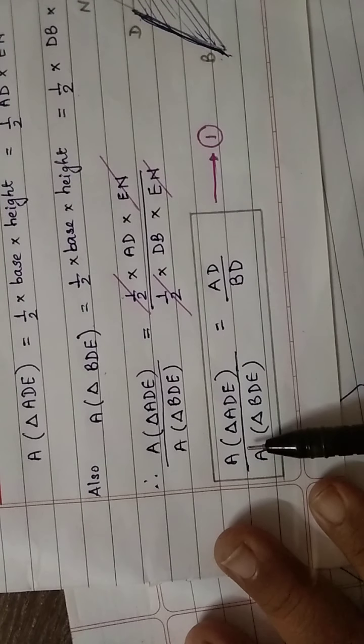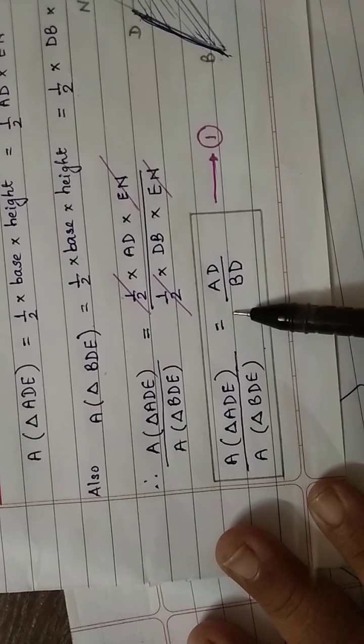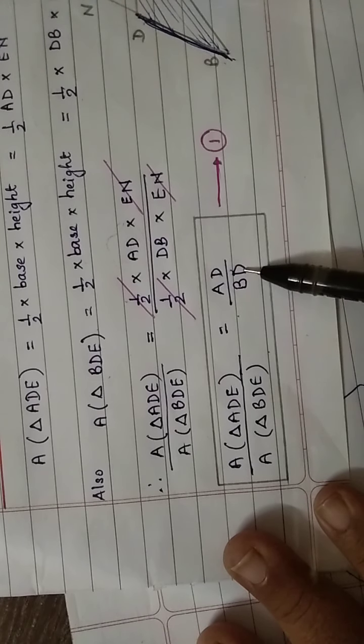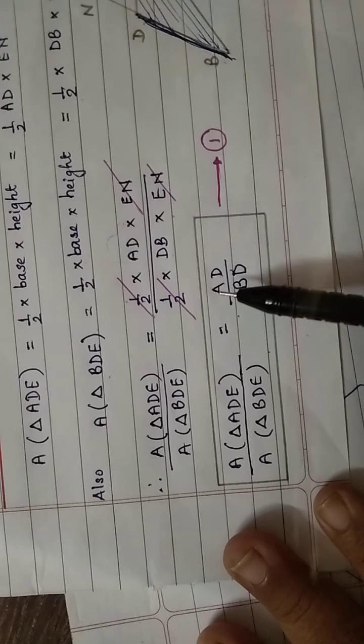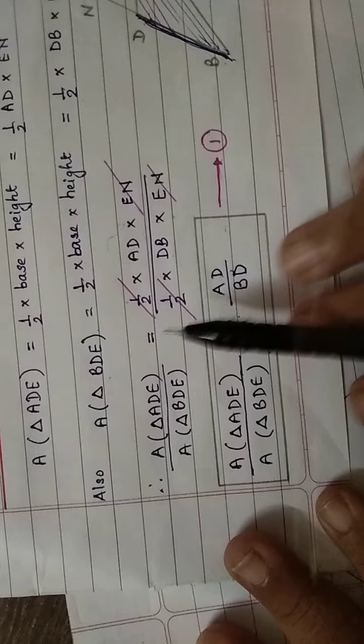So what remains with me? Area of ADE upon area of BDE is equal to AD in the numerator and BD in the denominator. BD or DB means one and the same, and I give it as statement number 1.